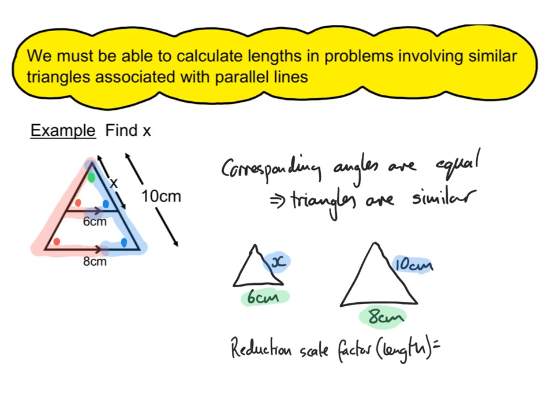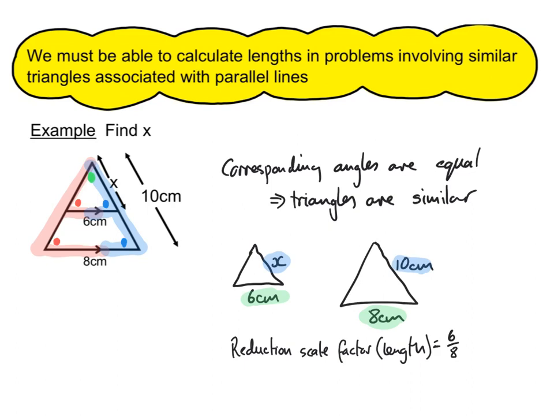So I'm going to write that out. Again, remember this is a reduction scale factor for length. Using the two other sides which I have values for which correspond to each other, I've got the 8 and the 6, I need to create a reduction scale factor, so I want my fraction to be bottom heavy, so 6 over 8 will be my reduction scale factor. Now, I'm going to leave it as 6 over 8. Usually when I get a fraction like that, I would simplify it.